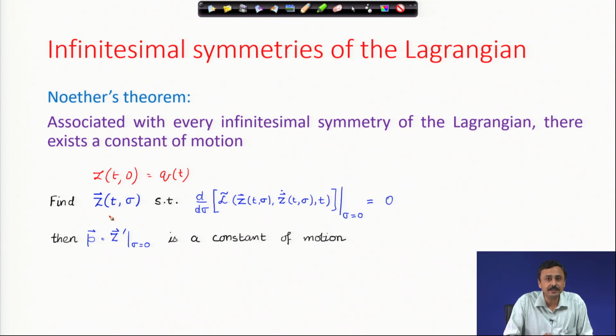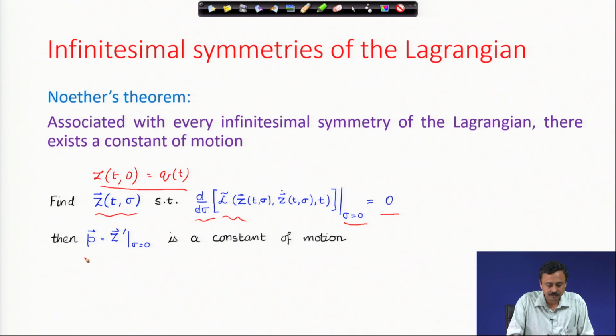Try to find out this transformation z, such that d sigma of the new Lagrangian that you obtain by using z calculated at sigma equal to 0 vanishes. That means it is symmetric under this transformation. Try to find a transformation under which the Lagrangian is symmetric, or at least it is infinitesimally symmetric.